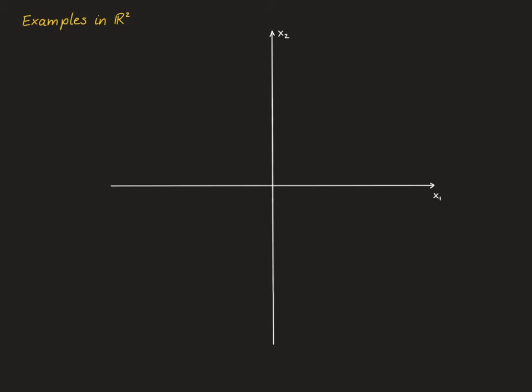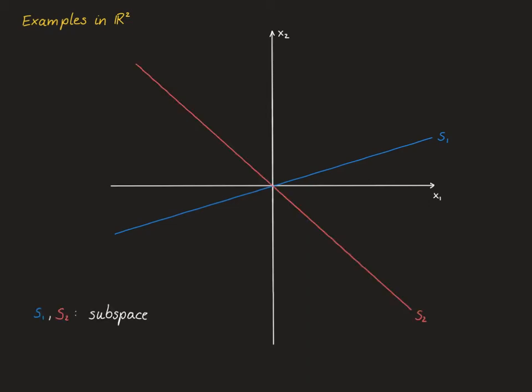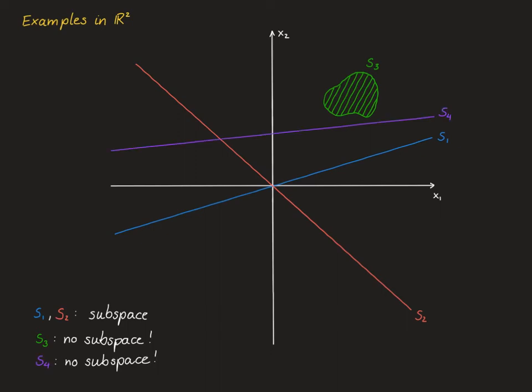In order to get a more intuitive understanding of the concept of a subspace, let's look at some examples in R2. So the set S1 here would be an example of a subspace, and so would be the set S2. On the other hand, if we consider this green subset of R2, which we call S3, then this subset will not be a subspace of R2, and also the subset S4, shown in purple here, is no subspace of R2.